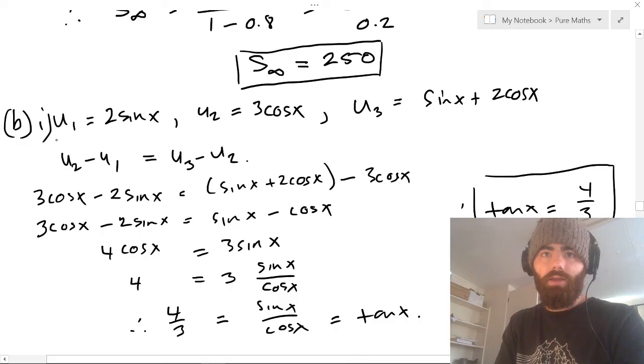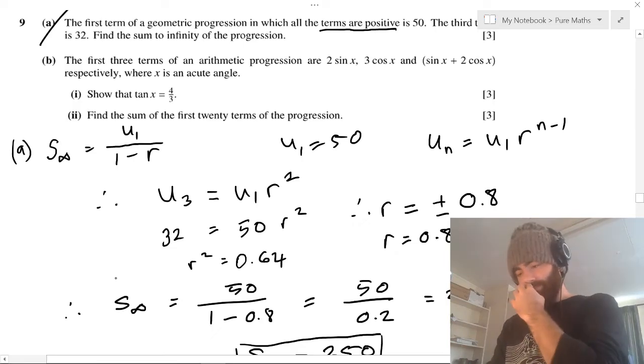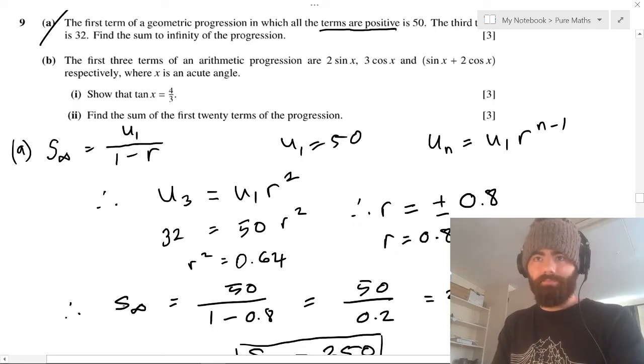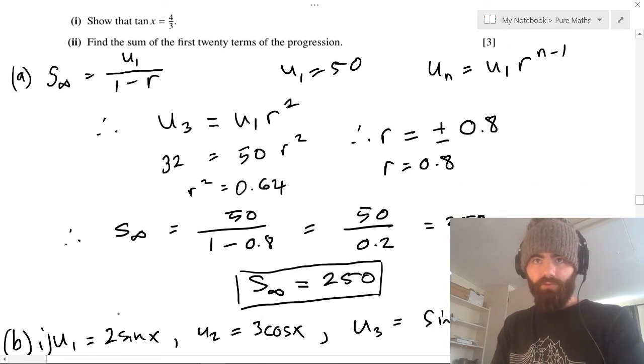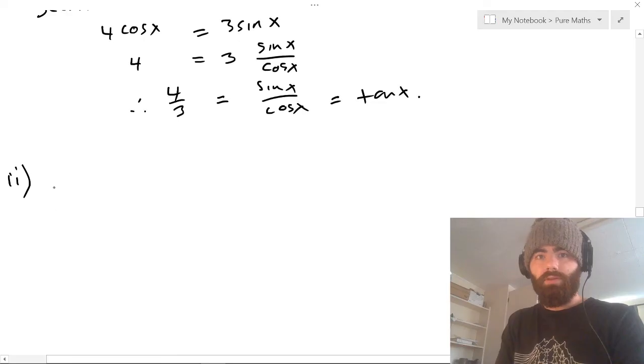And that was part i. And then there's another one, part ii. Find the sum of the first 20 terms of the progression. So we need to find S20.